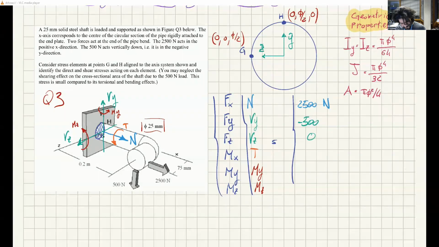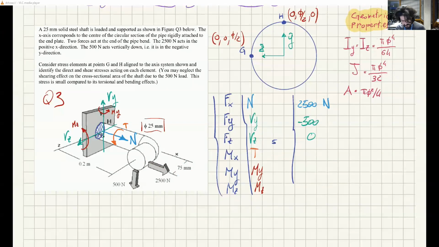Finally, what is the force that is making this section twist? We have two forces. One is parallel to the x-axis, so it doesn't produce any moment with respect to x, but this one is perpendicular to the x-axis, and it's applied at a distance of 75 millimeters, this distance here. So 500 times 75 gives me the twisting torque.